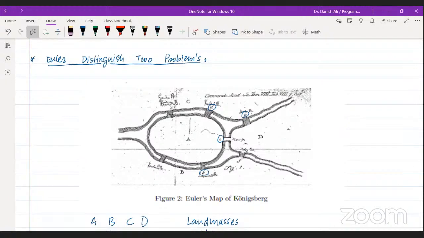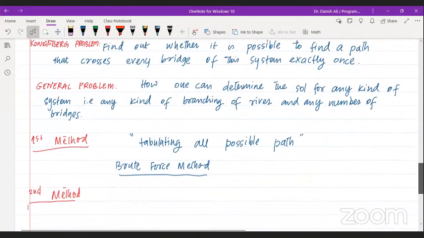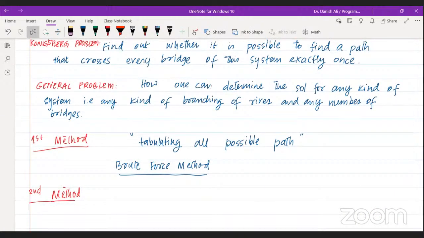Sir, can you repeat what you asked? My question is that the first method he introduced is the brute force method, in which we tabulate all possible paths and check whether these paths satisfy our given condition or not. But Euler rejects that method. He says it is too difficult and too tedious to tabulate all the possible paths for the Königsberg bridge and for the general problem.